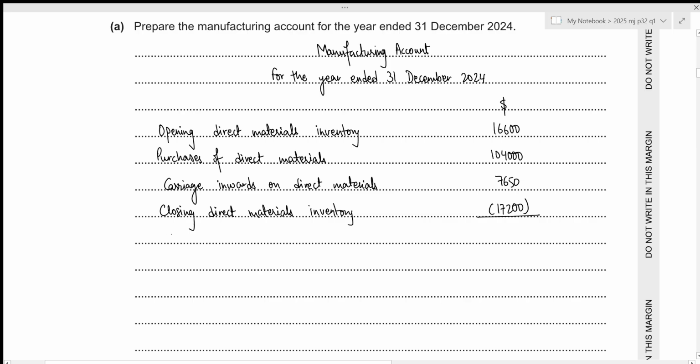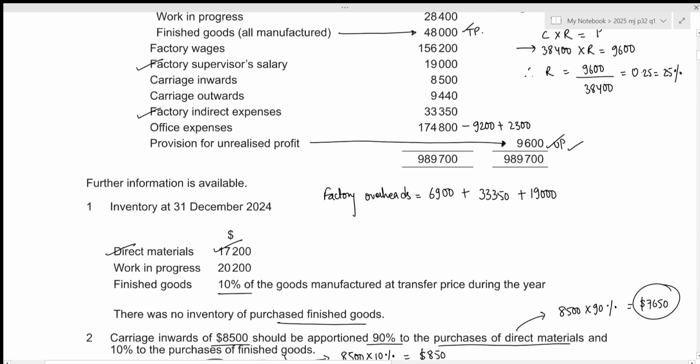Now we will figure out our cost of direct materials consumed. 16,600 plus 104,000 plus 7,650 minus 17,200 results in the value of 111,050. Then we need to include all of our direct labor as well as direct expenses.